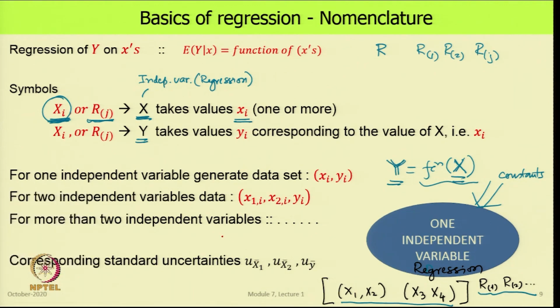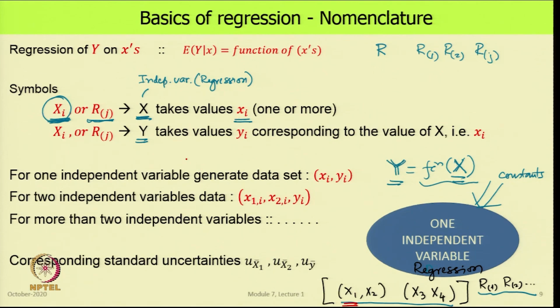So, xi now has a very different meaning. It is the value of the independent variable that we have chosen. It does not mean that these are the values of the variable xi, or say if this is x1, it does not mean that it is a value of variable x1, which was this variable here.